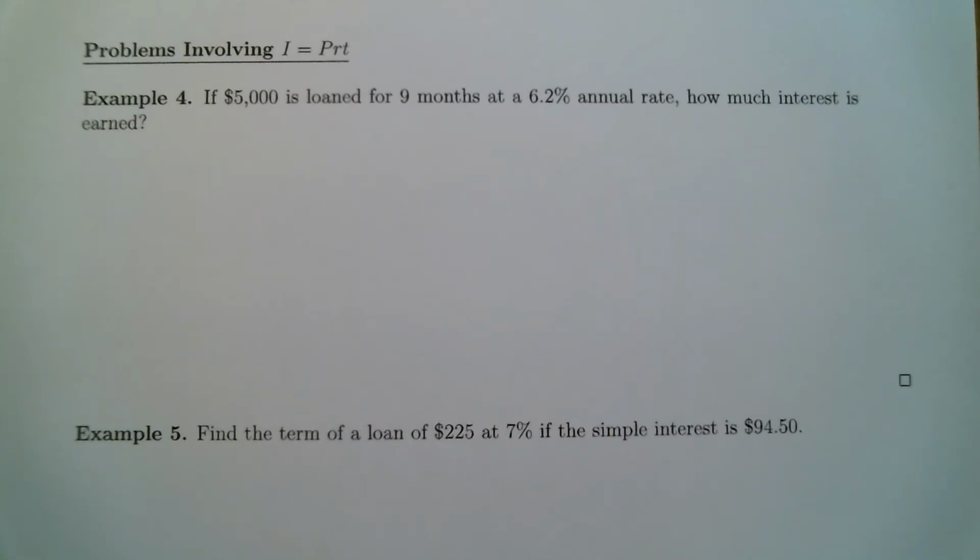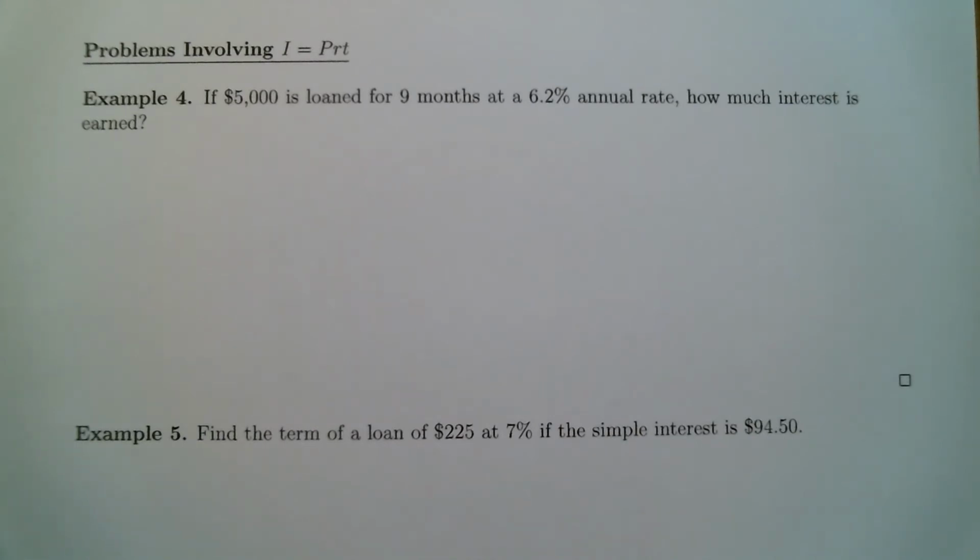So when you have a simple interest problem, you have two choices of formulas, I equals PRT or A equals P times 1 plus RT. A lot of the times you could use either simple interest formula and get to where you need to be, but usually there is one formula that's easier to use over the other one.